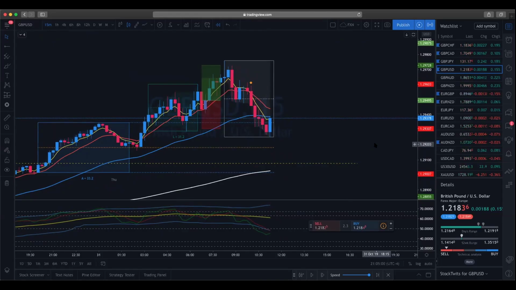Right, it's too close to the 50. You're literally talking about nothing, like 7 pips or something. Even if you get in after a close of the 13, which is like here, it's still only like 10 pips.